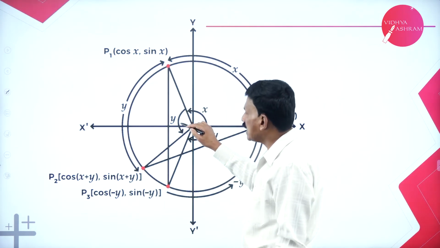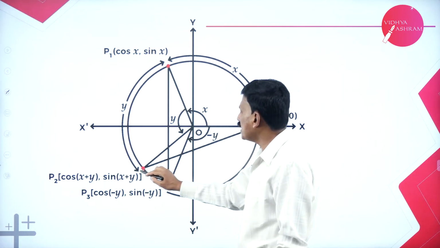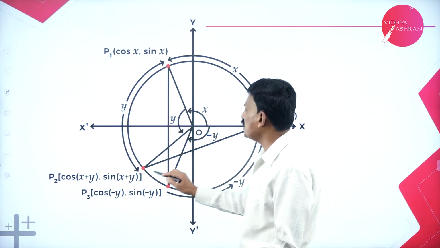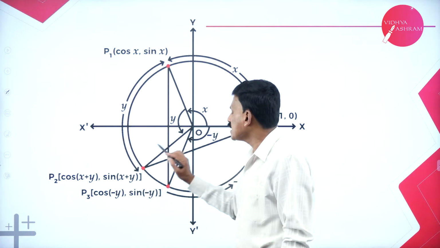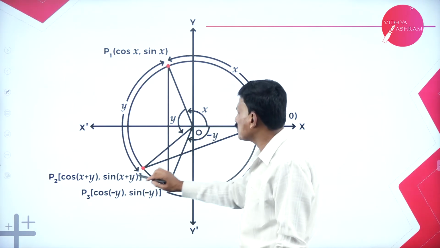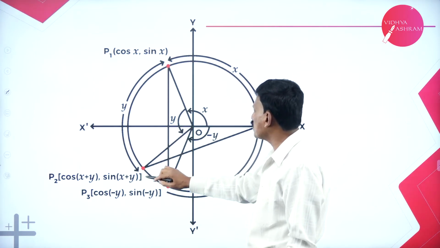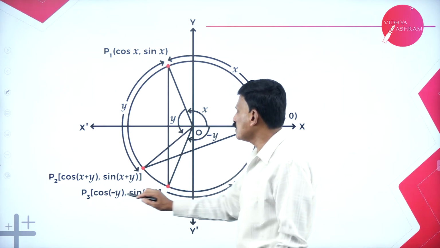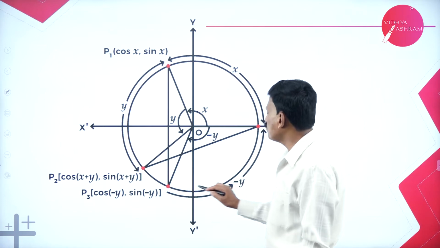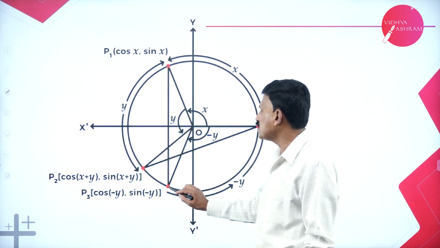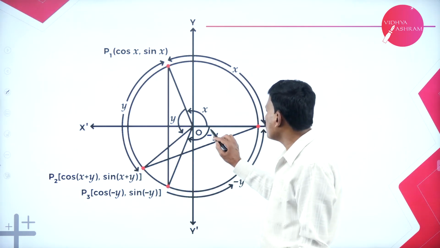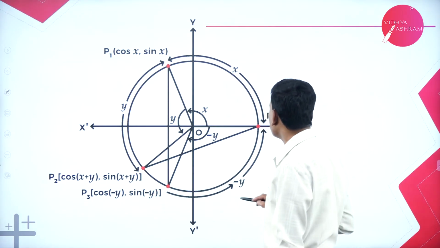If y is the angle between P1O and P2, then the coordinates of P2 are cos of x plus y and sin of x plus y, the sum of these two angles. Similarly, the coordinates of P3 are cos of minus y and sin of minus y.